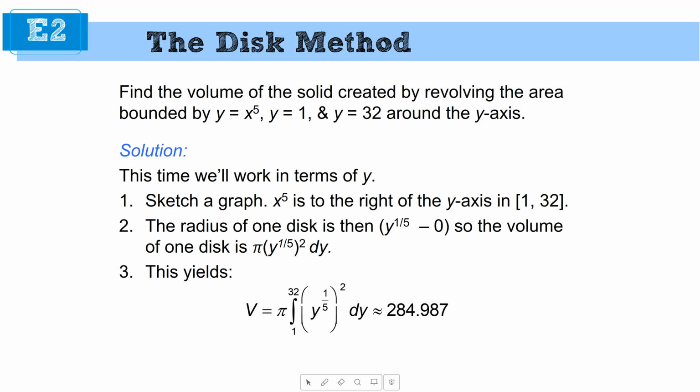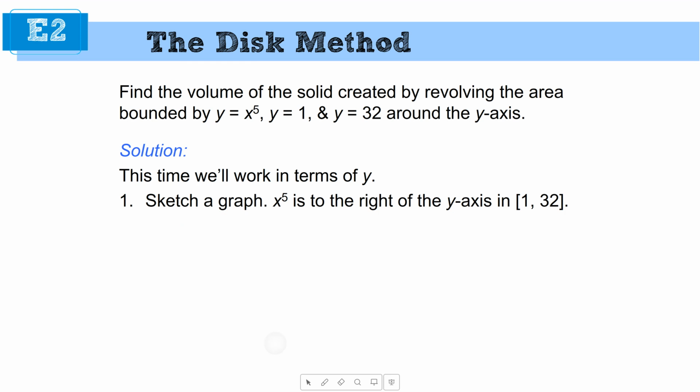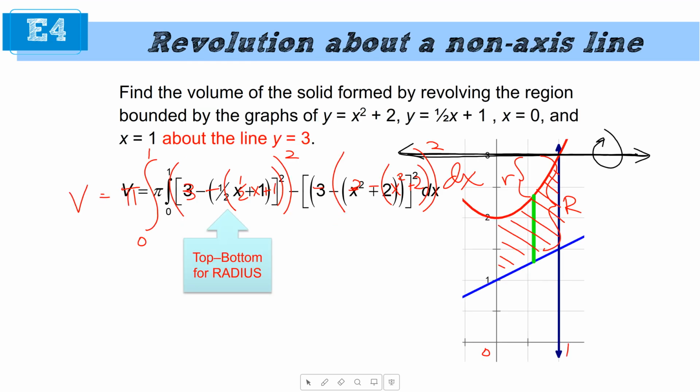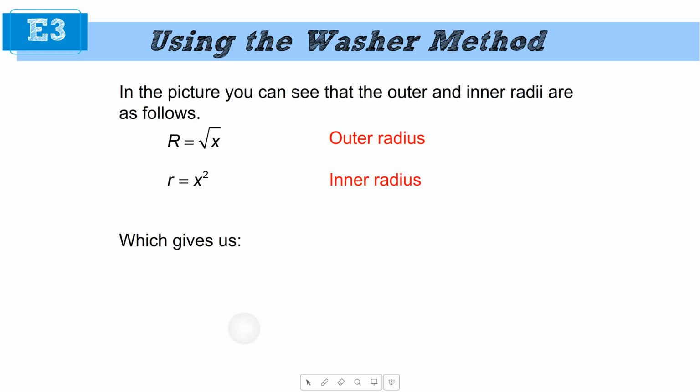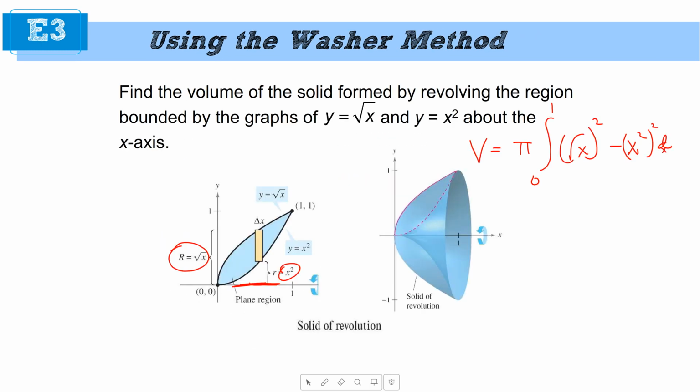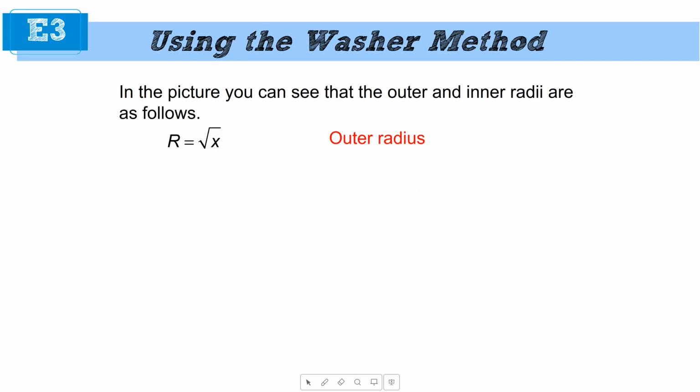Now, one caveat, because people like to argue with me about this. If I go back to the cat's eye picture, you'll notice my very first rectangle there is technically touching the axis of revolution. That's cheating. It's got to touch it anywhere. Not touching, washer. Touching, disk.